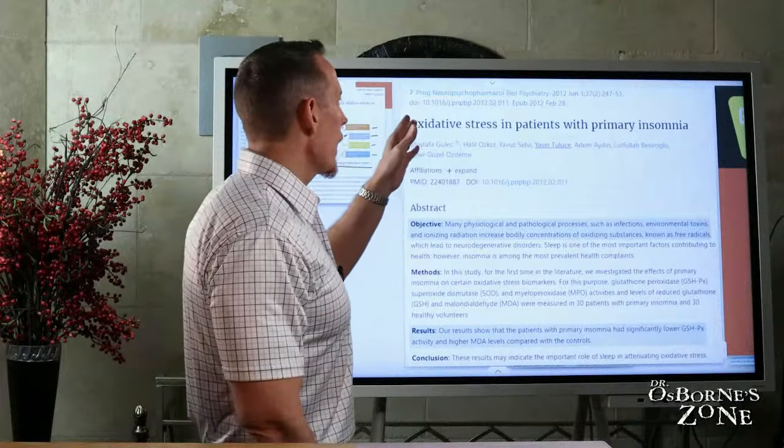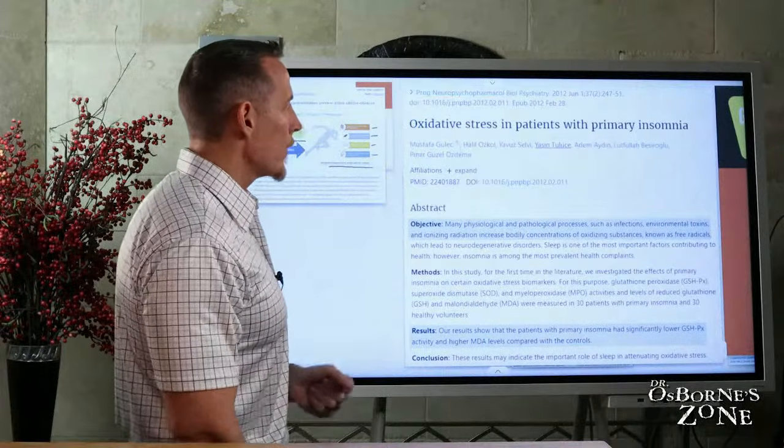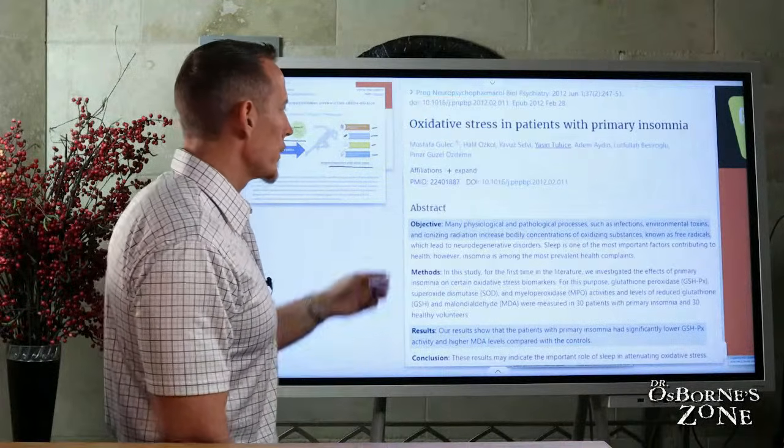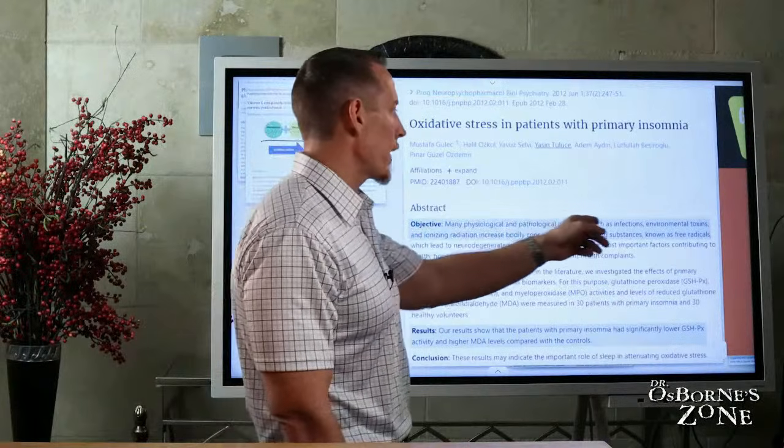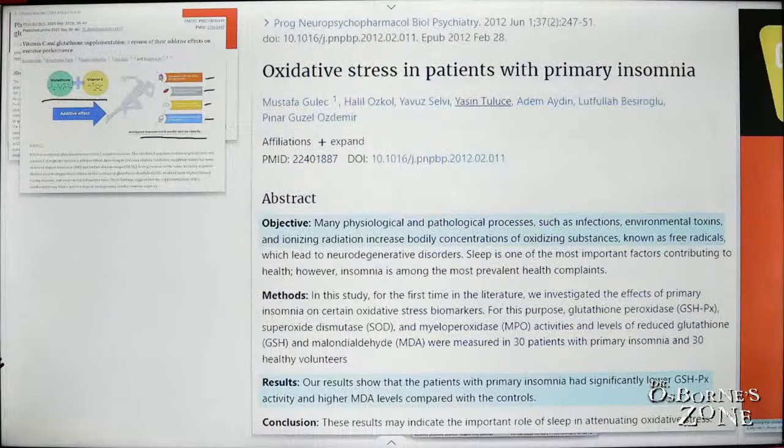You can see here, I said lack of sleep was another driving force behind lower glutathione. You can see in this study many physiological and pathological processes such as infections, toxins, ionizing radiation increase bodily concentrations of oxidizing substance known as free radicals.